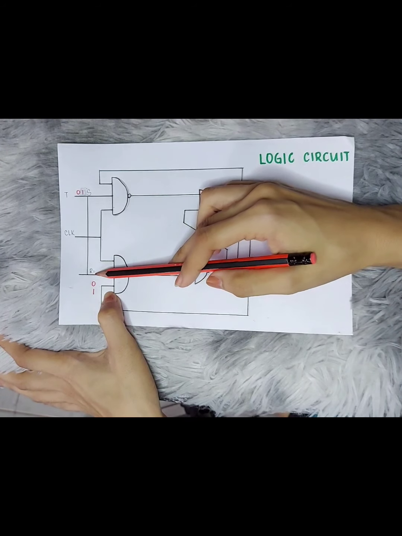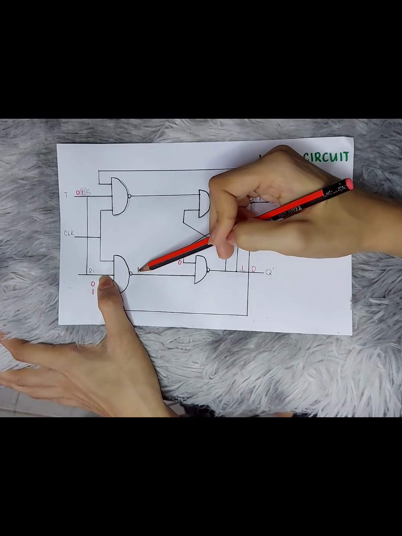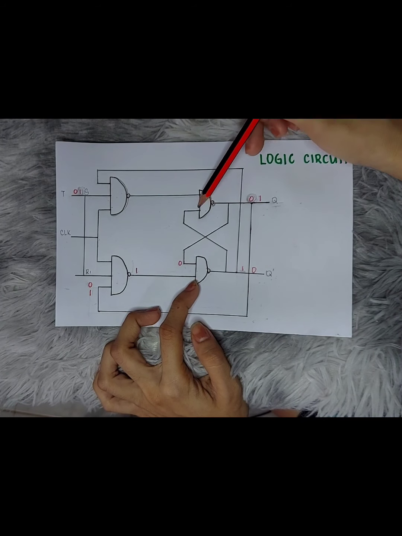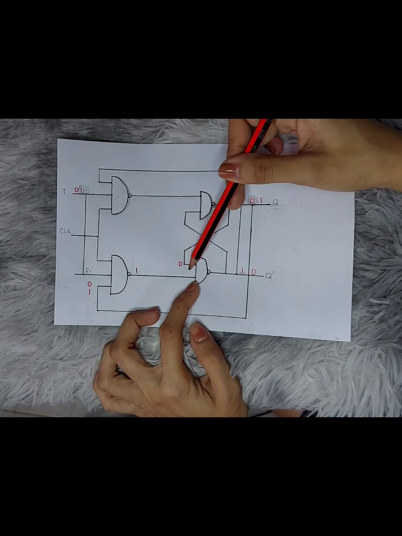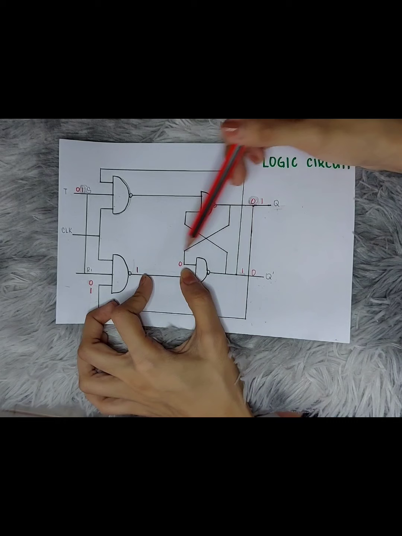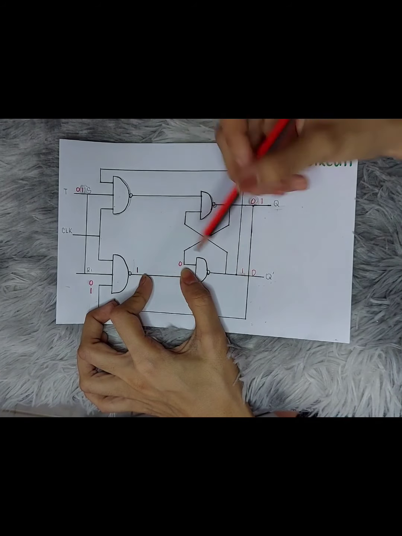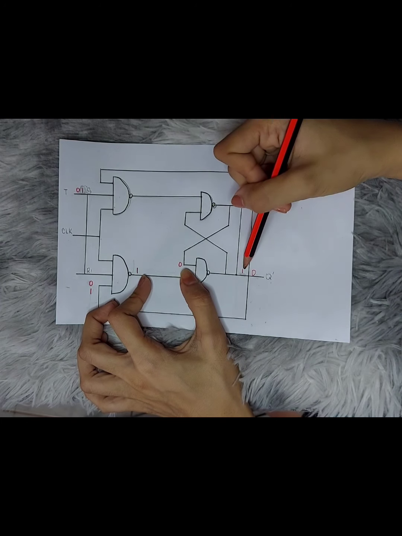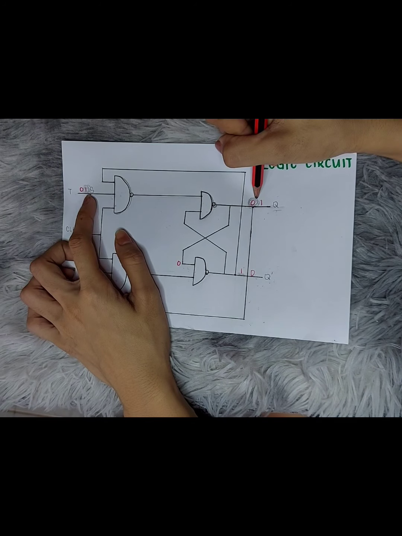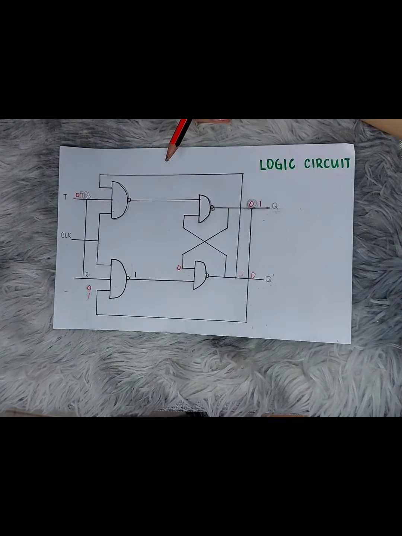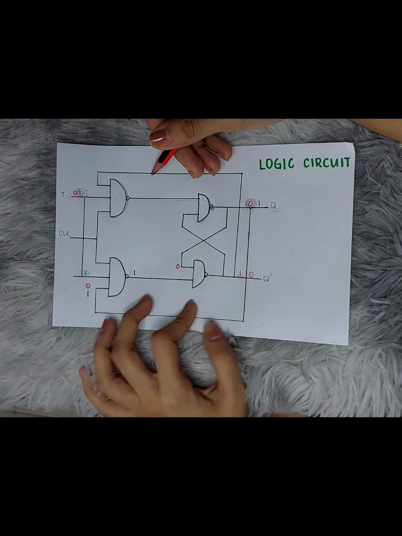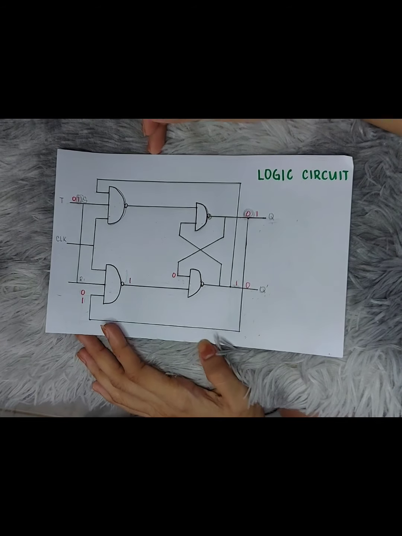So it will produce an output of 1, and one input is from the Q output, so it will be 0. So 0 and 1 will produce a 1. As we can see, Q of 0 gives the Q prime of 1 if the trigger input is 1. This example represents the logic concept of the T flip-flop circuit.